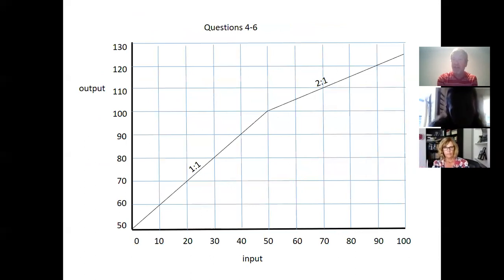So the trick is, as Kelly said, make the bottom corner show that gain. 0 in was 50 out. Then just draw 10, 20, 30, 40, 50 out to 100 on your horizontal axis, and on your vertical axis make things make sense.